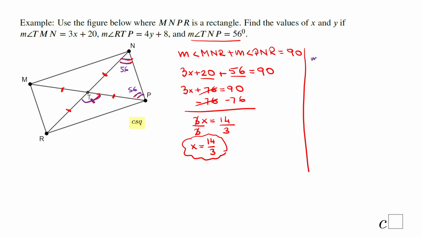So that's the thing I'm going to write here. The measure of angle RTP equals the measure of angle TNP plus the measure of angle NPT.